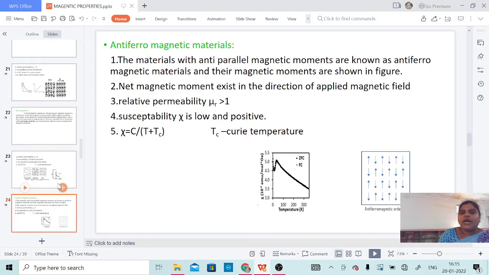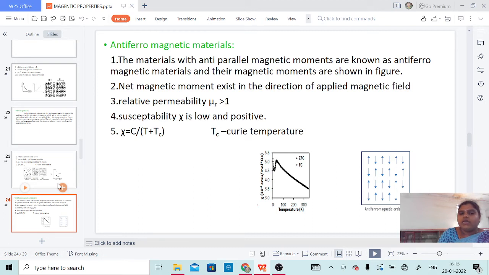Next, anti-ferromagnetic materials. The materials with anti-parallel magnetic moments are known as anti-ferromagnetic materials, and their magnetic moments are shown in the figure. See how they are arranged.